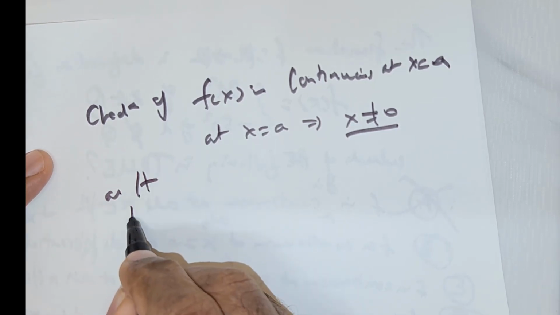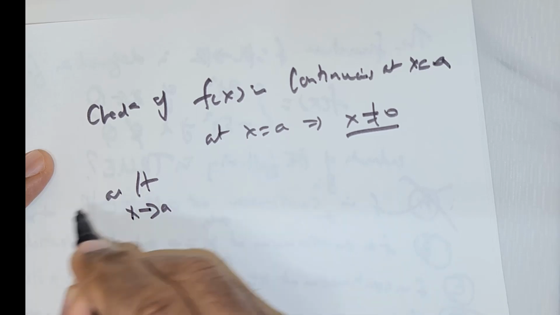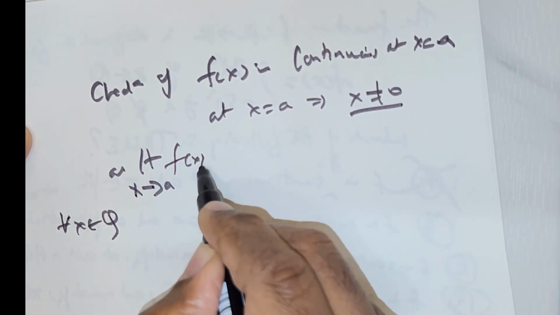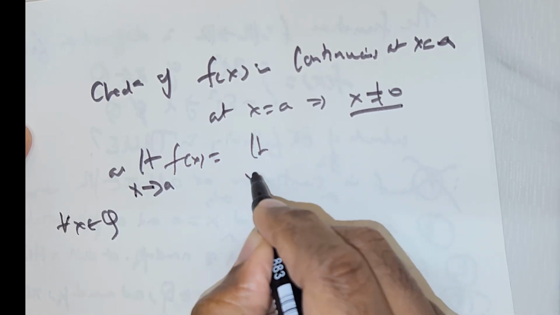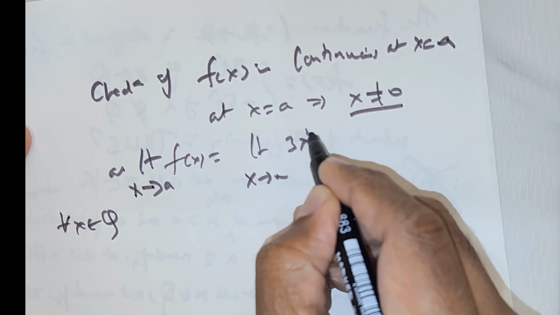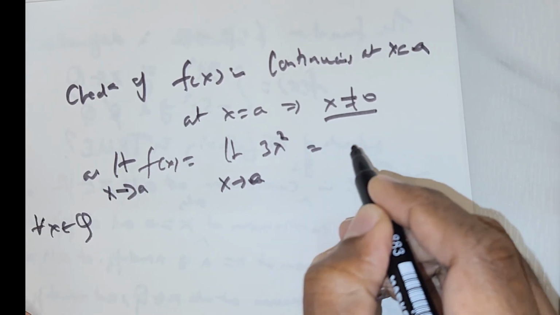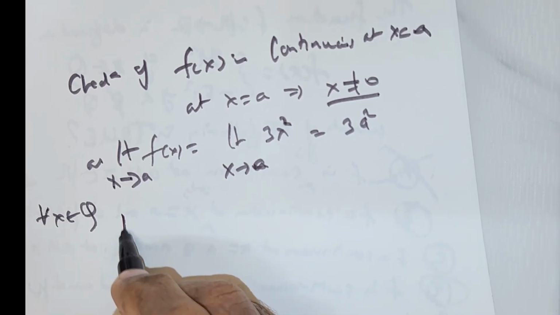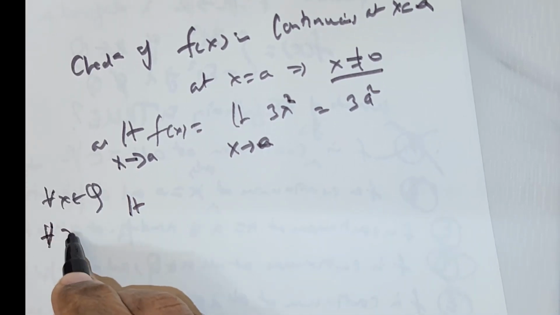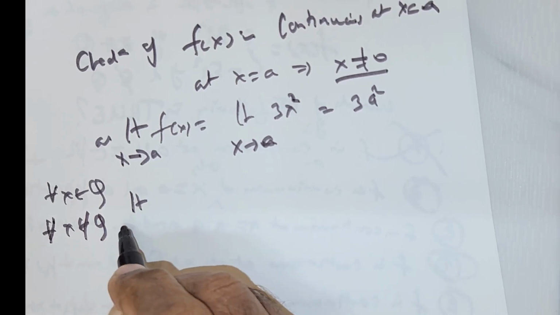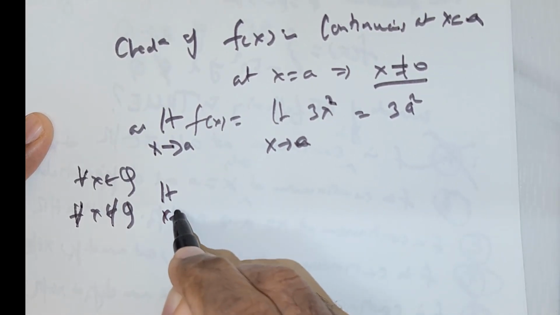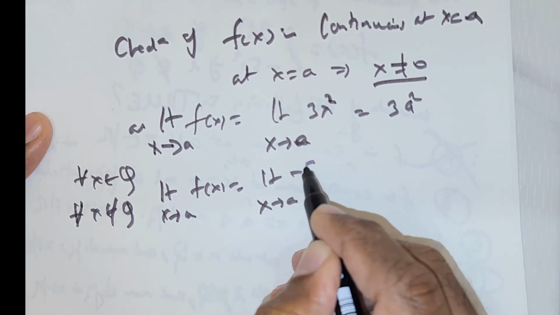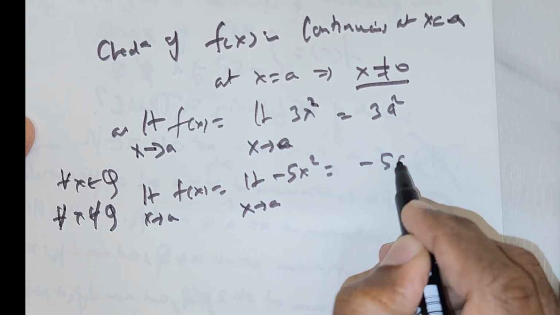So as x tends to a, for every x element of rational numbers, the limit of f of x is the limit of 3x squared, which is nothing but 3a squared. Now for every x not element of Q, the limit as x tends to a of f of x is equal to the limit of negative 5x squared, which is equal to negative 5a squared.